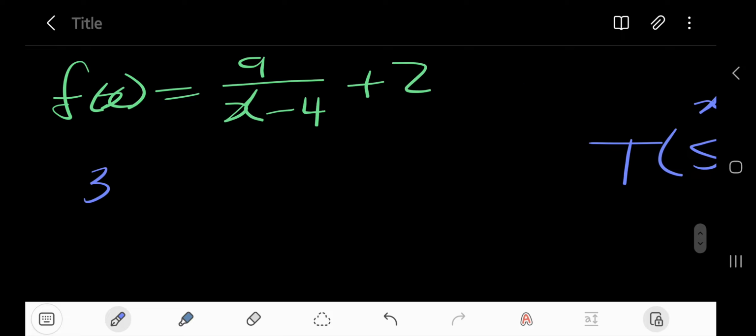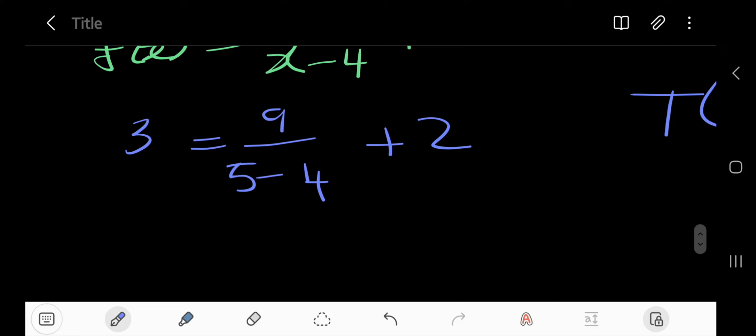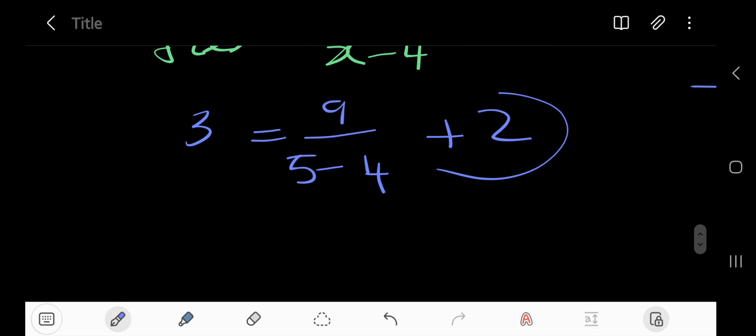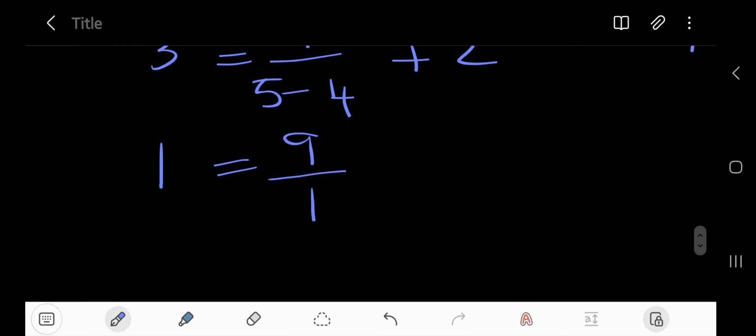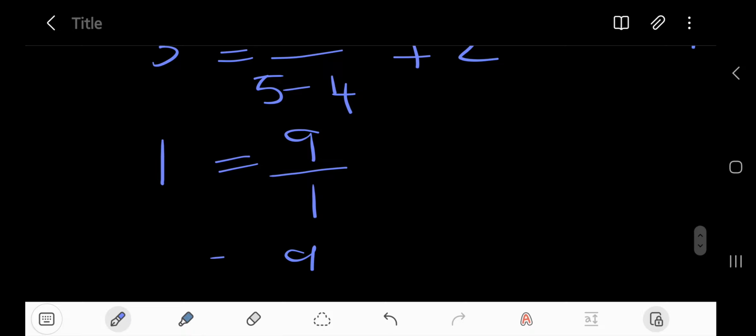So let's replace. 3 is equal to a over 5 minus 4 (I meant to say 4, but you'll understand why I said 1), plus 2. Let's take this 2 to the other side. So we're going to have 1 is equal to a over 1, which means that a is therefore equal to 1. And it must make sense, guys.